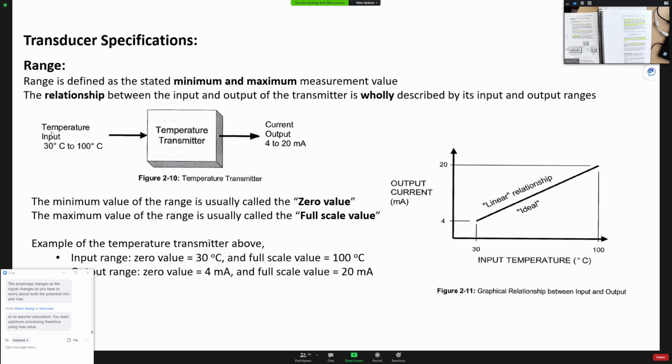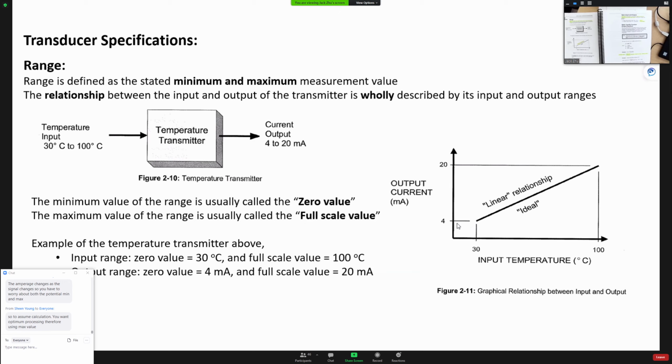So you have a temperature input. We have a temperature transmitter. For this temperature transmitter, the input range is from 30 degrees to 100 degrees, so it can take any temperature between 30 and 100. The output, we use a current output, standard current output 4 to 20 milliamp.